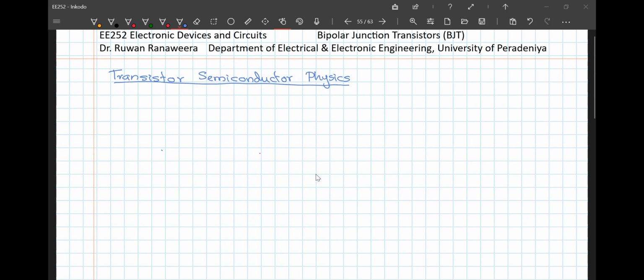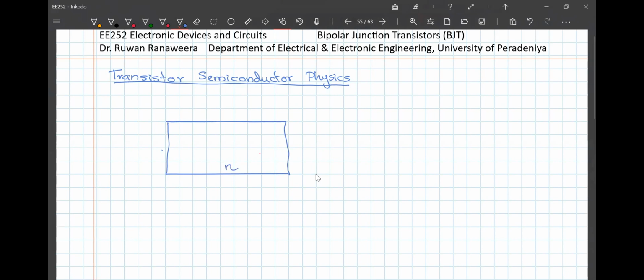Okay, so if you already have an N-type substrate, and you expose this surface to aluminum at high temperature, what will happen is that aluminum will diffuse into this N-type substrate. Say, for example, I have this as my substrate, the N-type substrate.